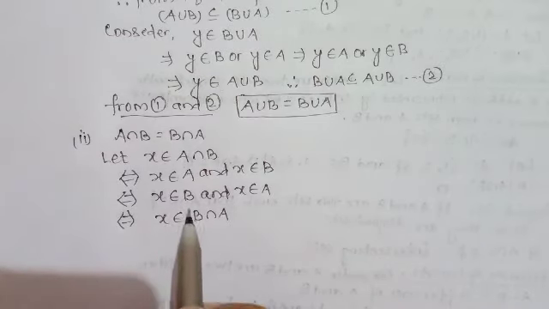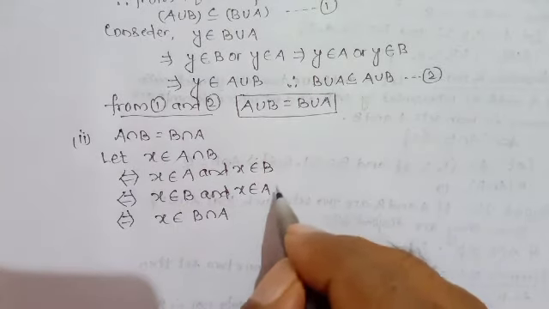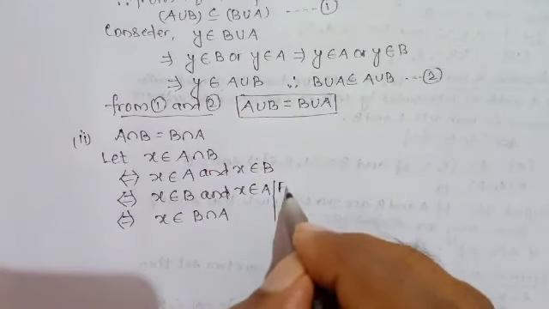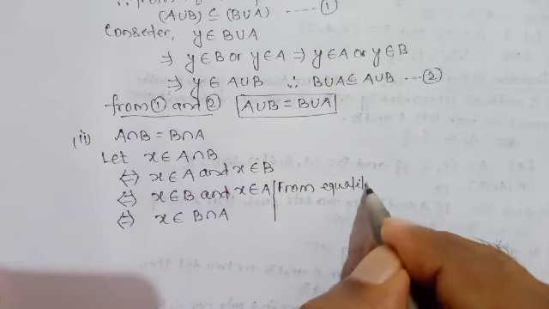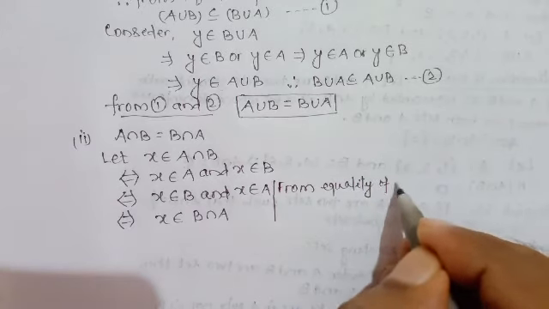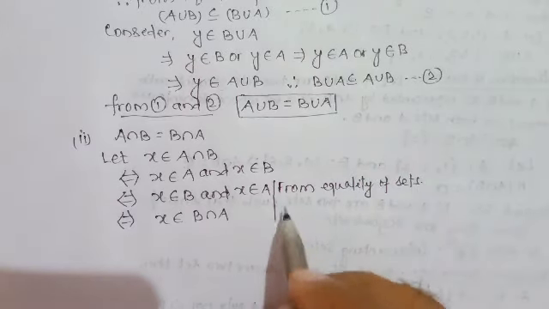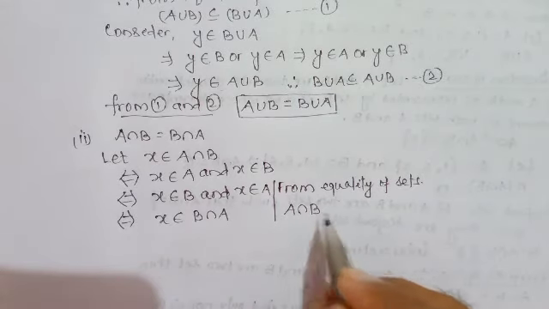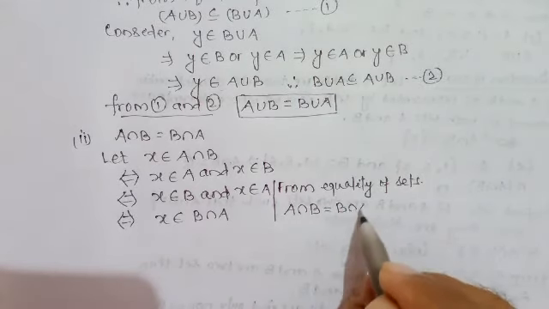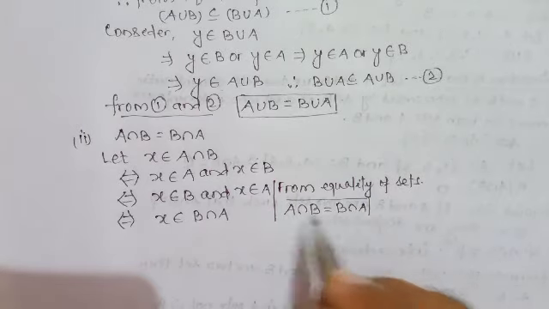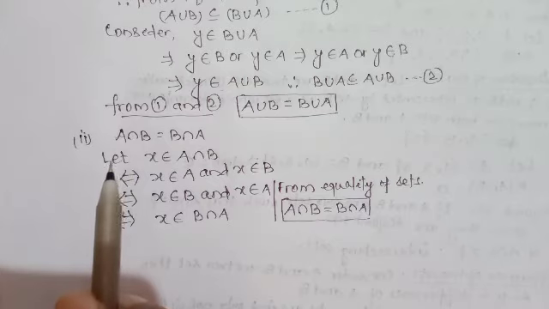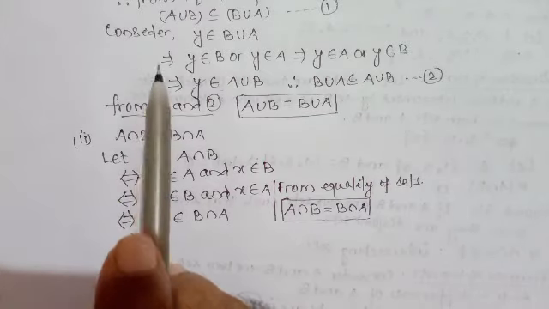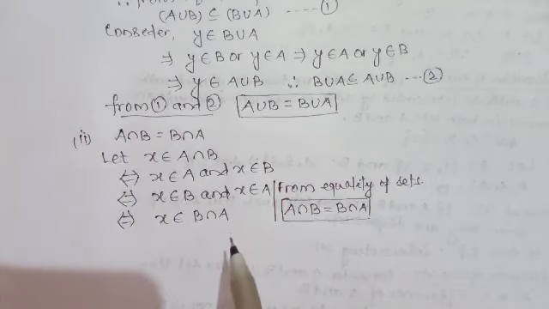Then here we write, from equality of sets, A intersection B is equal to B intersection A. Equality of sets is written only when you use implies and is implied by, and if you use only implies, then it is just for subsets.